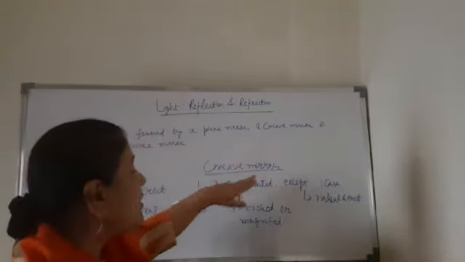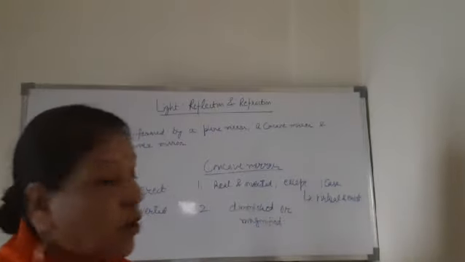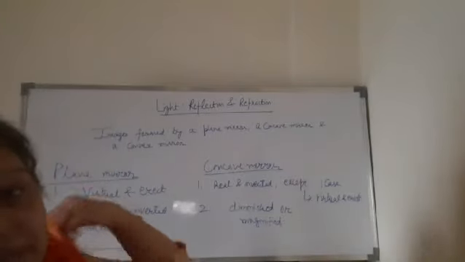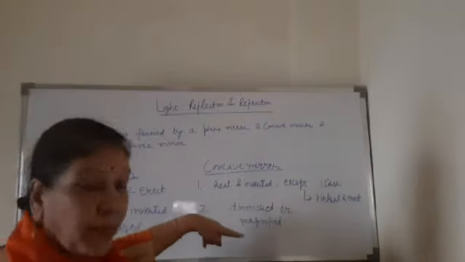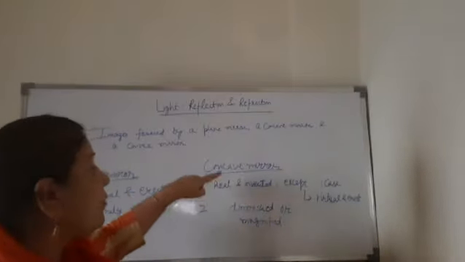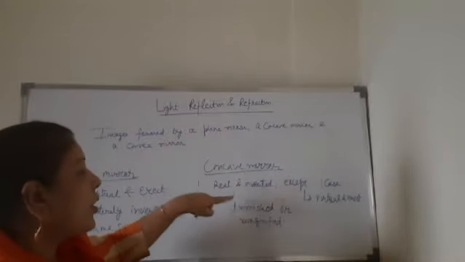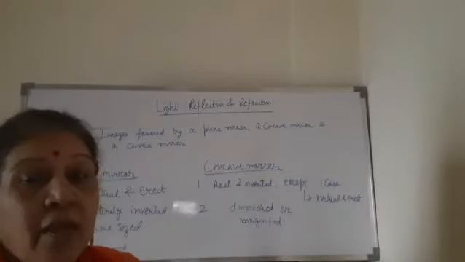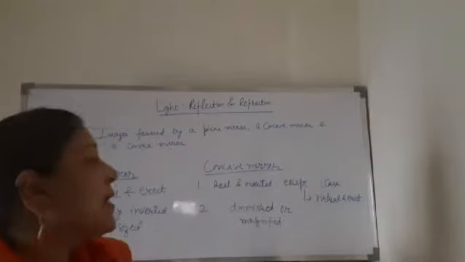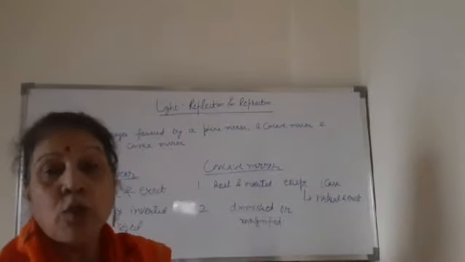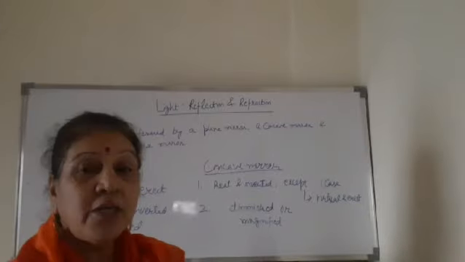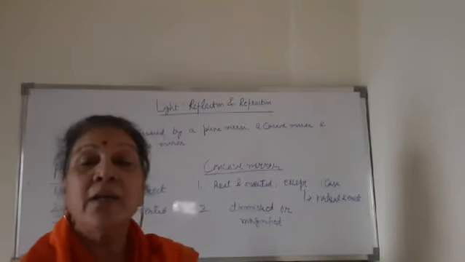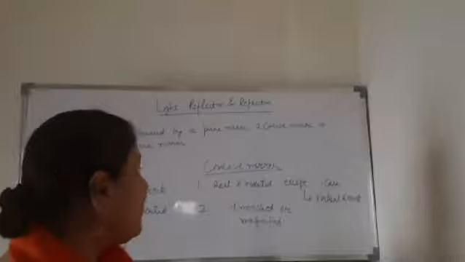So the images formed may be diminished or magnified. It all depends where the object is placed. So these are the properties of images formed by a concave mirror, that they make real and inverted images barring one case where the object is very closely placed to the mirror, and the images may be diminished or magnified. It all depends where the object is placed.